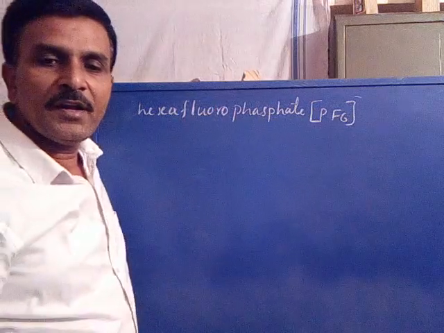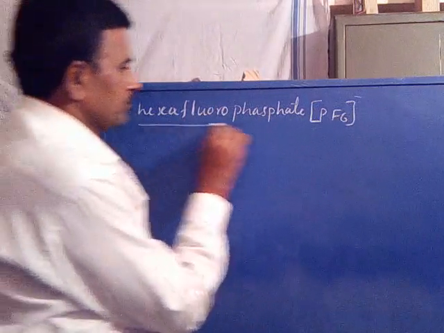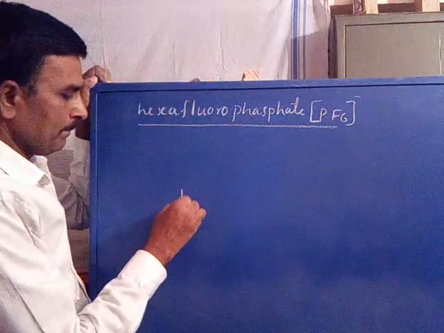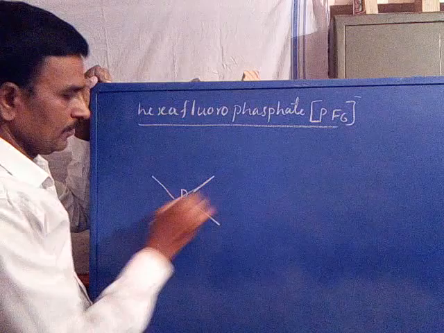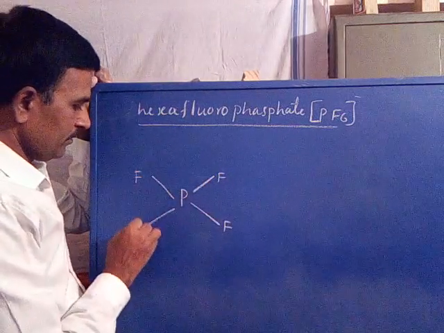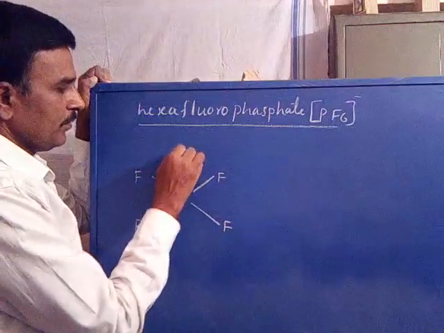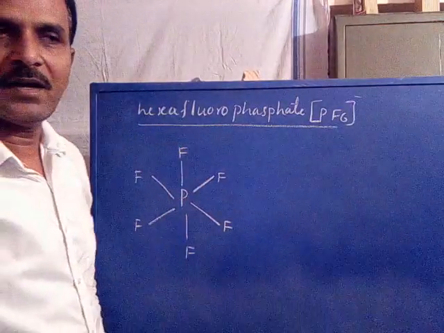Hence its geometry is octahedral, like phosphorus with fluorine here, fluorine here, fluorine here, fluorine, fluorine and fluorine. So the geometry is octahedral.